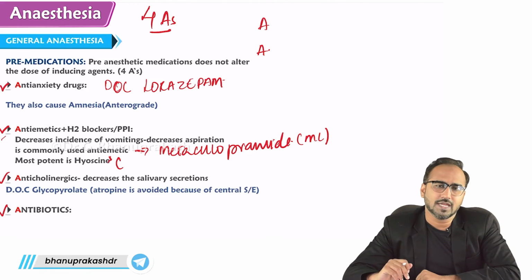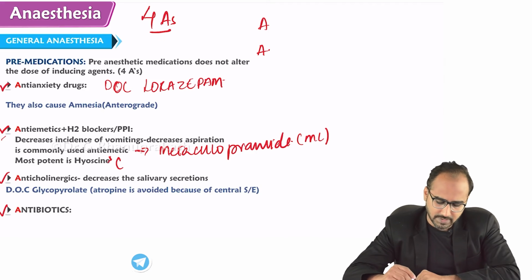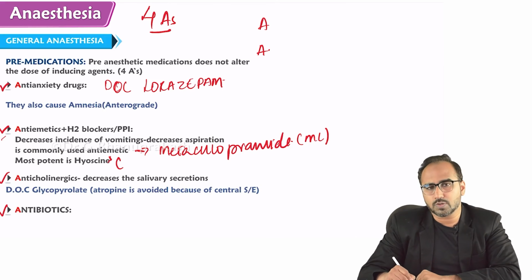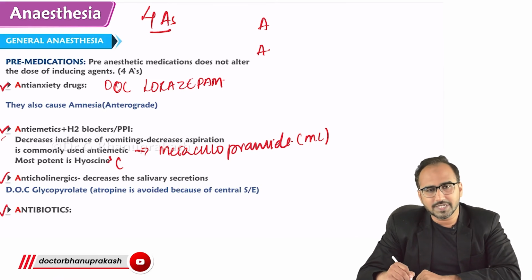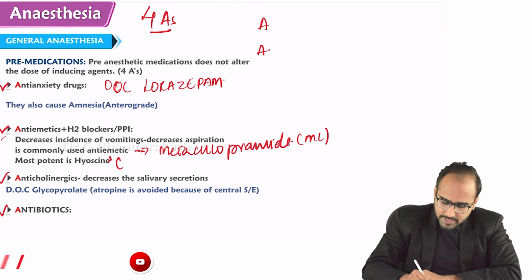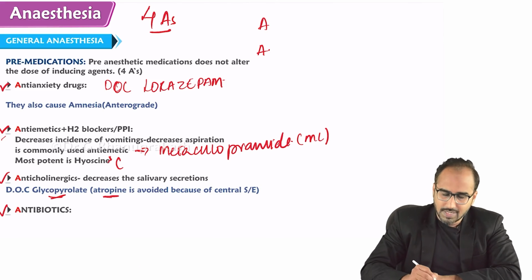To decrease the incidence of aspiration of salivary secretions, we give anticholinergic medication. There are two medications: one is atropine, the other is glycopyrrolate. Which anticholinergic will you choose, atropine or glycopyrrolate? The drug of choice remains glycopyrrolate.